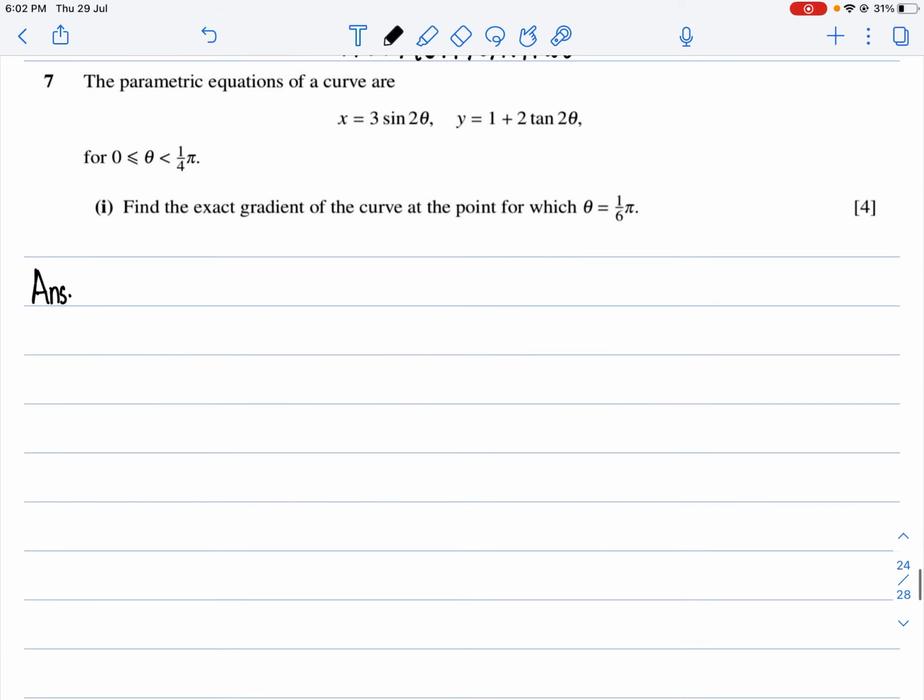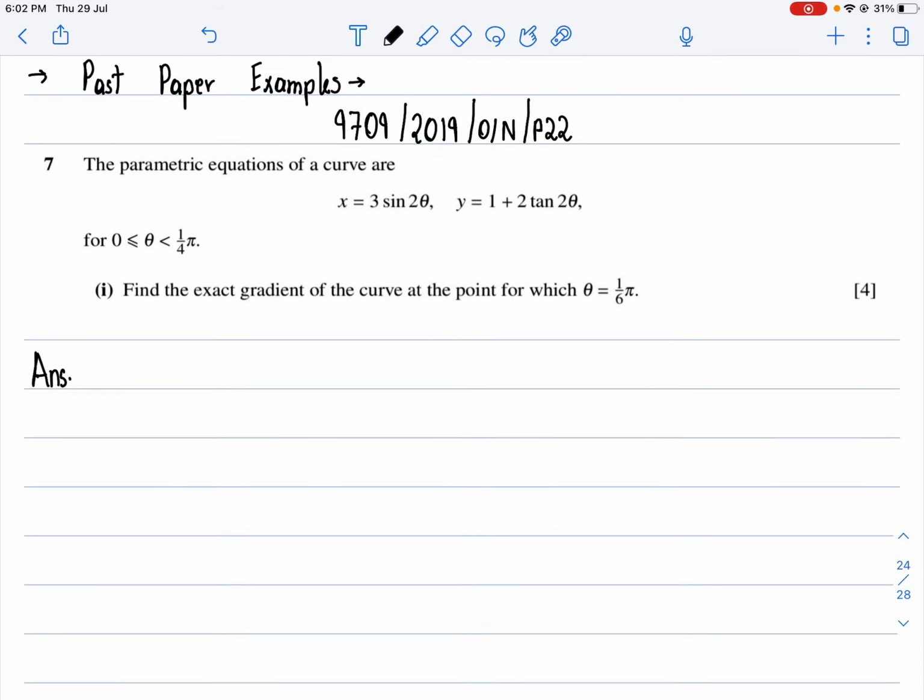Now we can move on to a past paper question so that we are sure of how to implement the process. This example is a 2019 October-November paper 22 example.